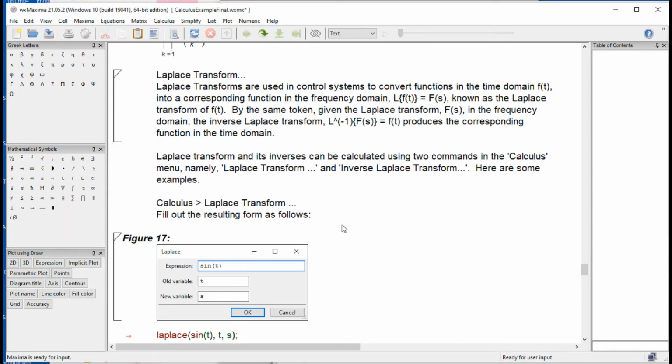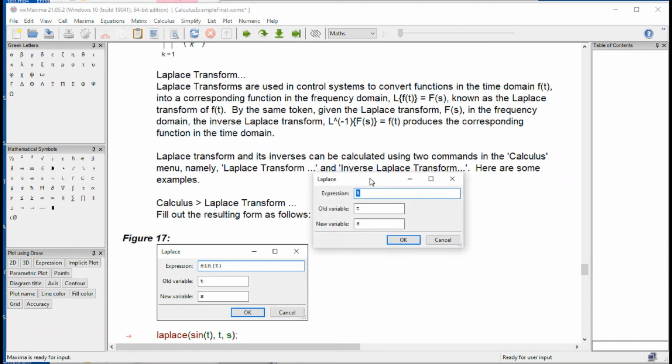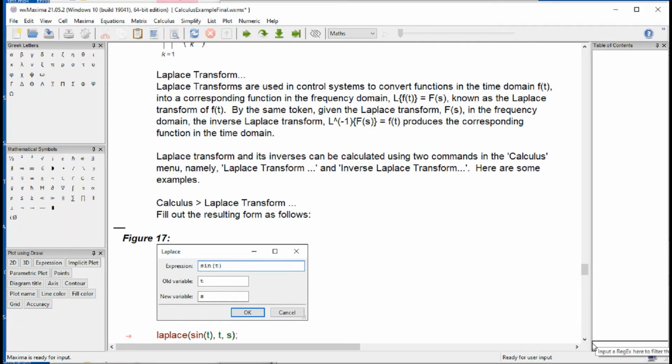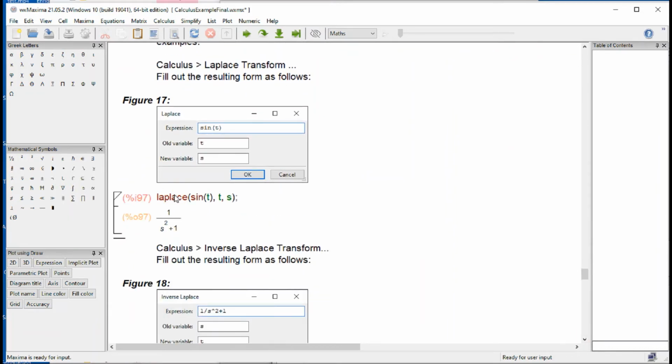I'm just going to show you here what calculus Laplace transform looks like. It simply means calculus, Laplace transform, where you type the expression you want to find the transform to, the old variable which is t, a new variable which is s, and it gives you the result called Laplace. And it says that the Laplace transform of sine of t is 1 over 1 plus s squared.